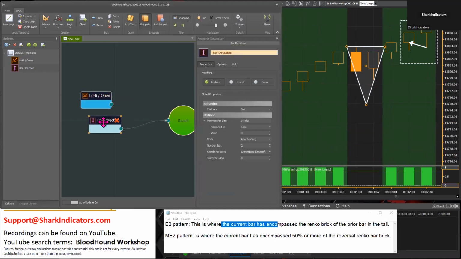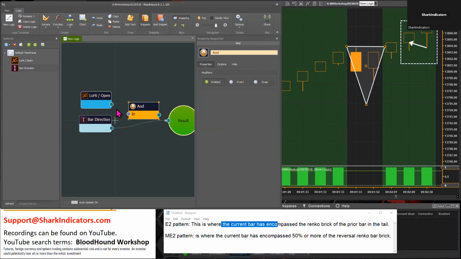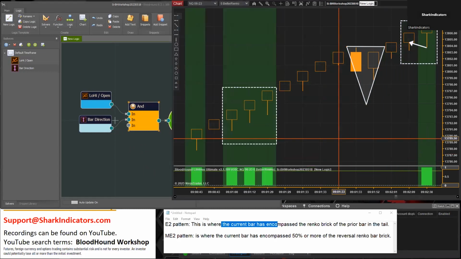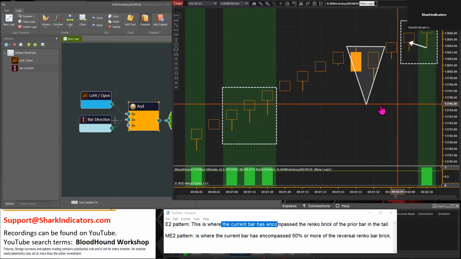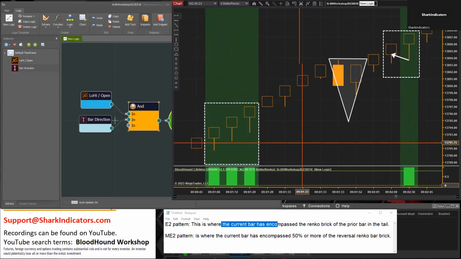So now we just need to join these two conditions together using an AND node, because we need both conditions true at the same time. And there we have it. So that cleared out all the short output and just left us with the long output that we're looking for.